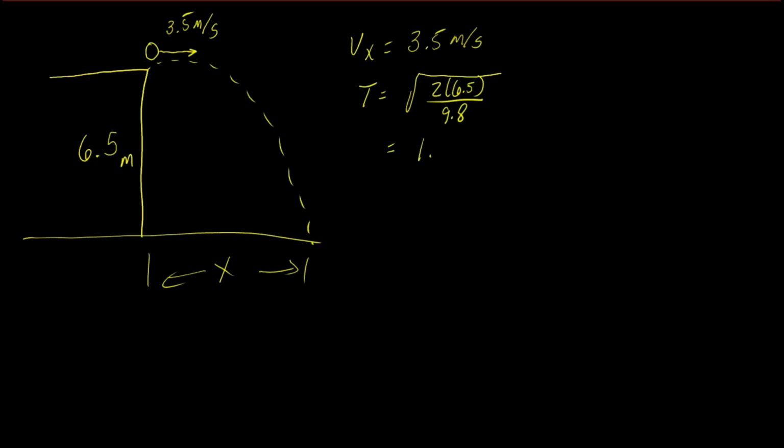That means it's going to take 1.15 seconds for this motion to take place. My x distance is equal to velocity along the x-axis times time. So there will be 3.5 meters per second times 1.15 seconds. My distance traveled will be 4.03 meters.